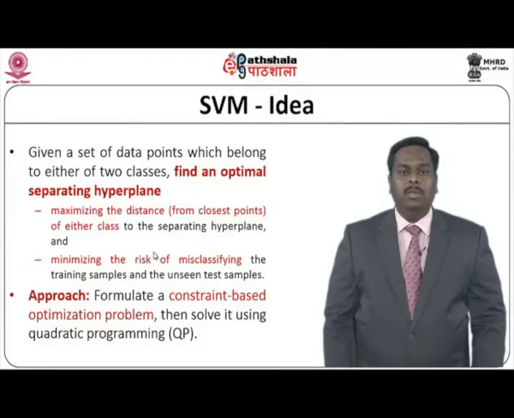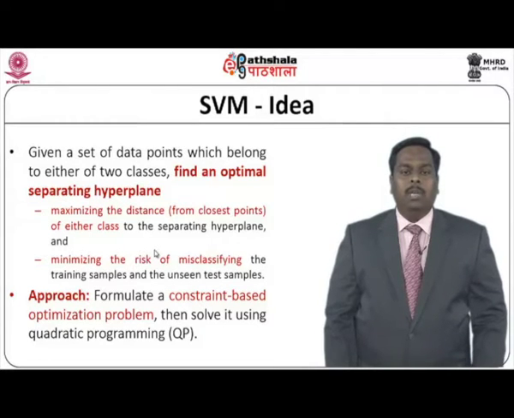So, the data points should belong to one of the classes: either to the first class or to the second class. The objective here is to find an optimal plane, in other words an optimal hyperplane, that separates the data. So, here we are trying to come up with an optimal hyperplane that will help us in clearly distinguishing between data points related to class 1 and data points related to class 2.